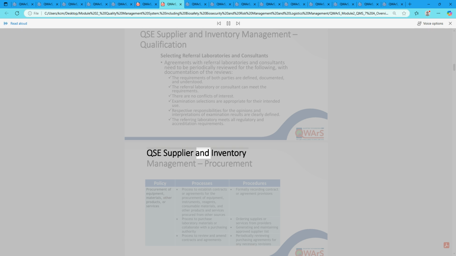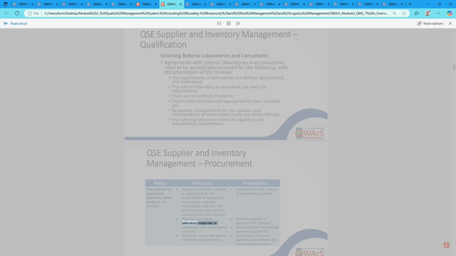QC Supplier and Inventory Management, Procurement. Policy, processes, procedures, procurement of equipment, materials, other products or services. Process to establish contracts or agreements for the procurement of equipment, instruments, reagents, consumable materials, and other products and services procured from other sources, formally recording contract or agreement provisions.